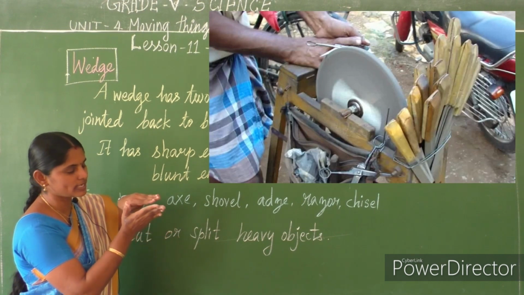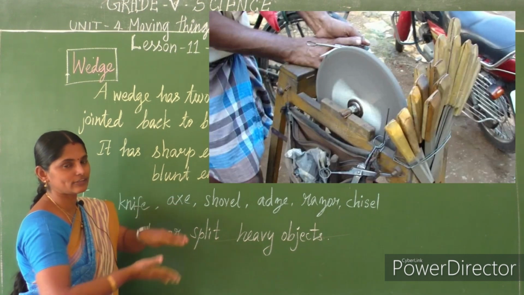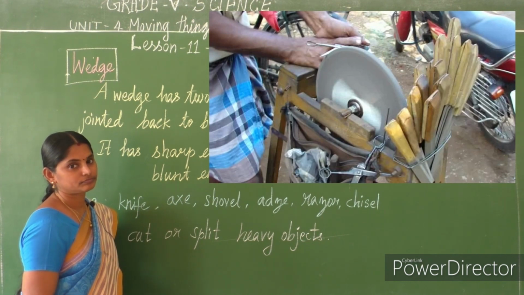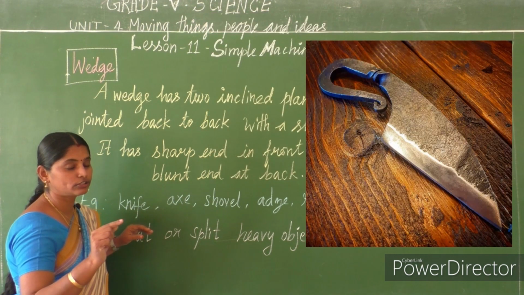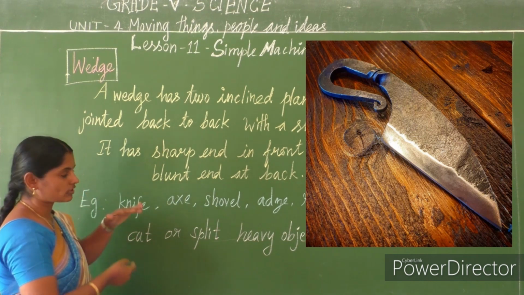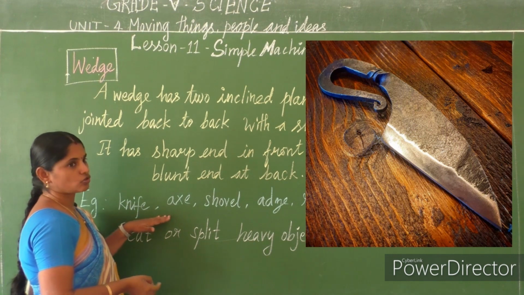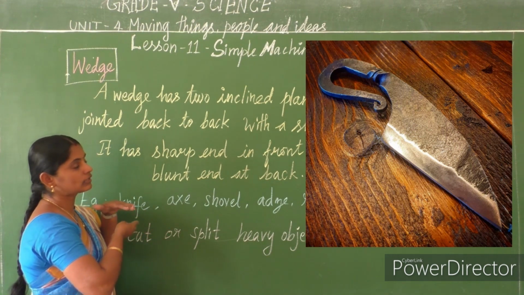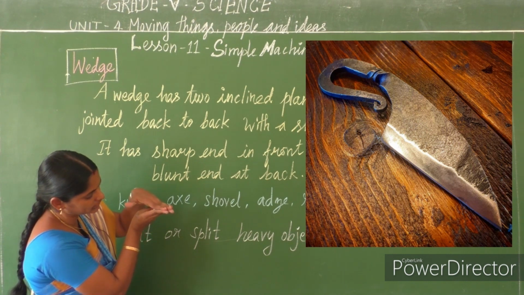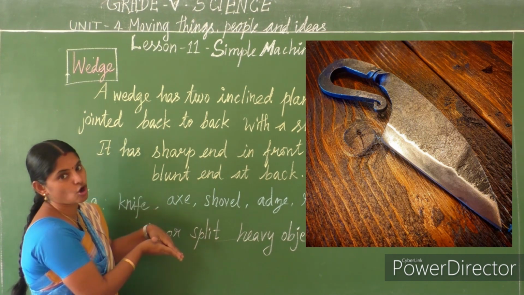So two inclined planes meet together and it gives the sharp edge. If at all you observe it very keenly, it will be clear. Okay, so the two inclined planes only give the sharp edge. When two sloping surfaces meet, that end becomes very sharp.